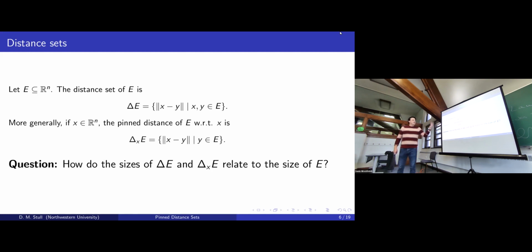And then more generally, the pinned distance set of E with respect to a point X in R^n is just the set of distances from points in the set to X. And the main question, a very natural question you would ask, is how do the sizes of the distance set and the pinned distance set relate to the size of E? And intuitively, we think the larger E is, the larger the distance set should be.